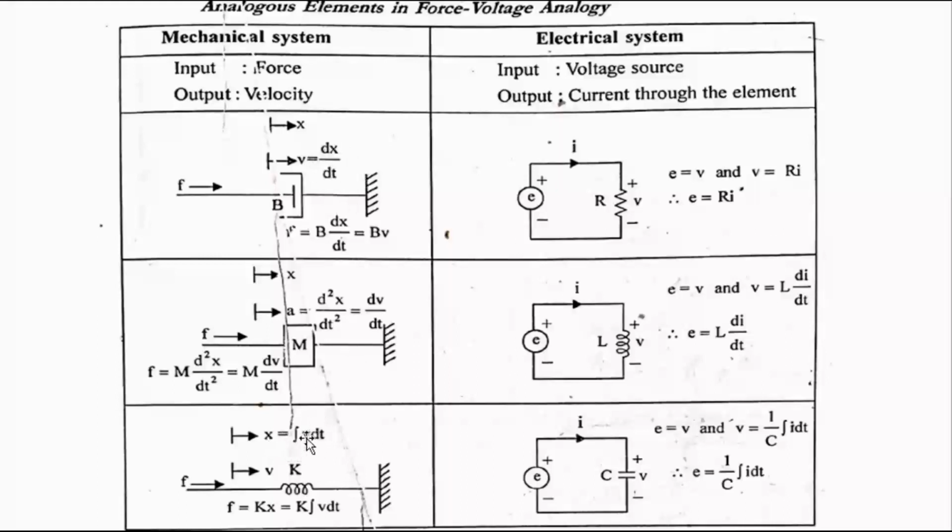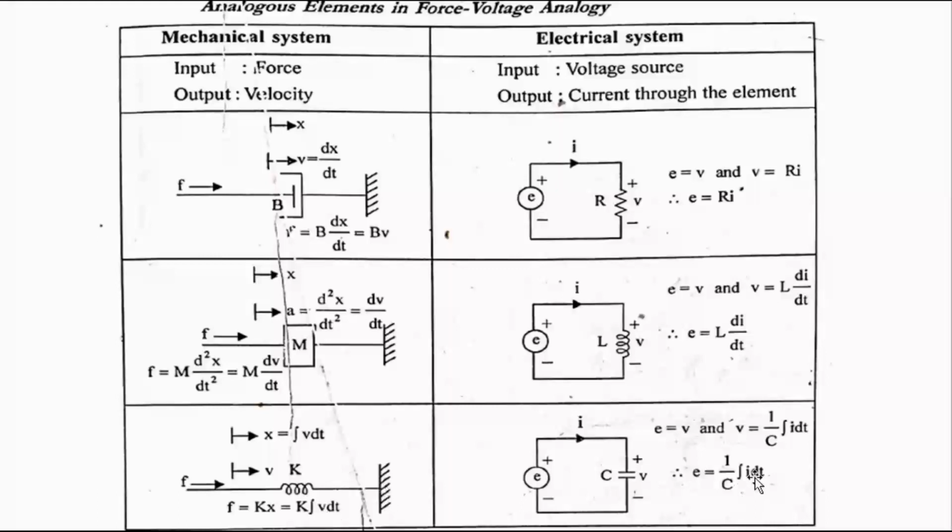Here in the place of x substitute integral v dt, so the force is k integral v dt. Now in the case of capacitance, the voltage across the capacitance is equal to 1 by C integral I dt. Now these two equations are similar. Comparing these two equations, in the mechanical system K, in the electrical system 1 by C. Here velocity, here current. These are the analogous quantities.